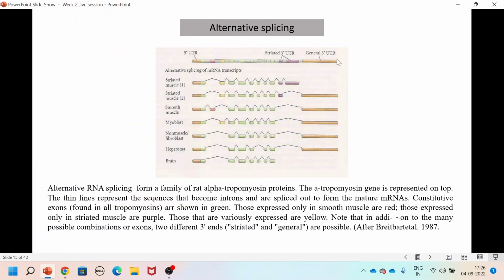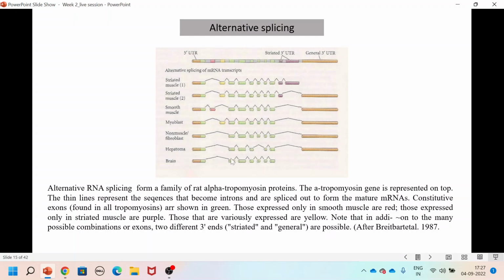So this is an example of how alternative splicing plays an important role. This alternative splicing is from the family of alpha tropomyosin proteins. The alpha tropomyosin gene is presented here on the top, and the thin lines here represent the sequences that become introns and are spliced out during the formation of the mature mRNAs. Constitutive exons, which are found in all tropomyosins, are shown in green.